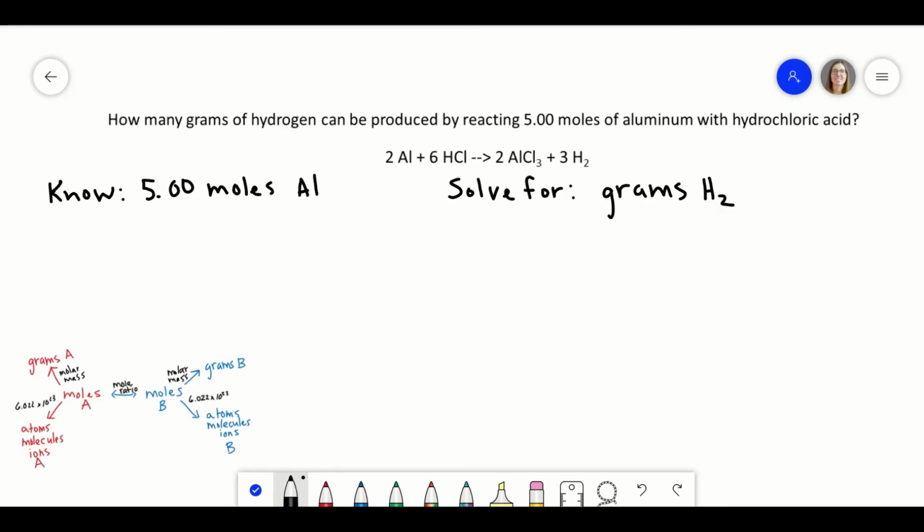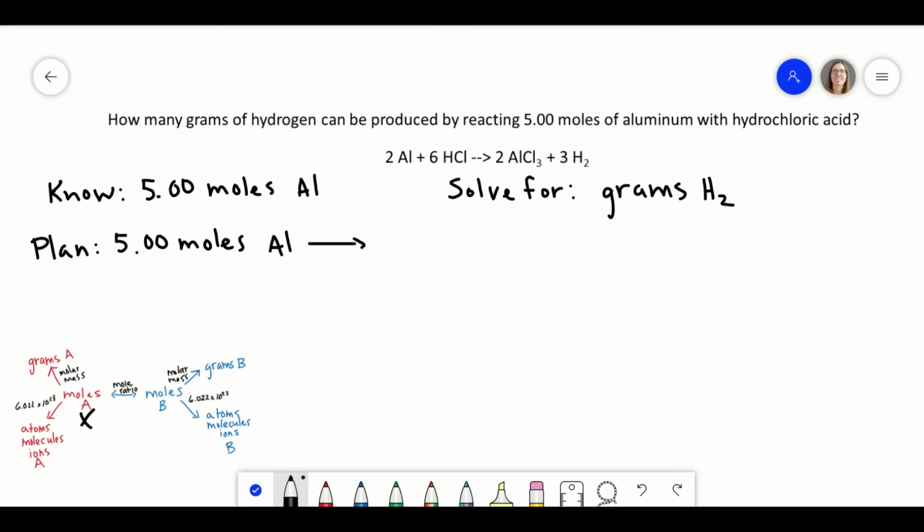We're given, or we know, the moles of aluminum. So that's like our substance A here. On our guide, we're starting right there, and I'm going to write this down as a plan of attack here. So 5.00 moles of aluminum, and then from there we can go to moles of any other substance in our balanced equation.